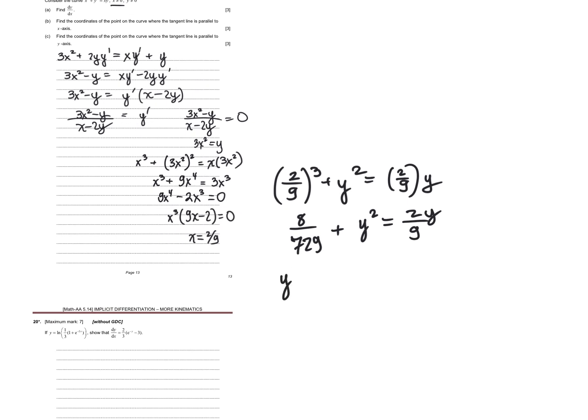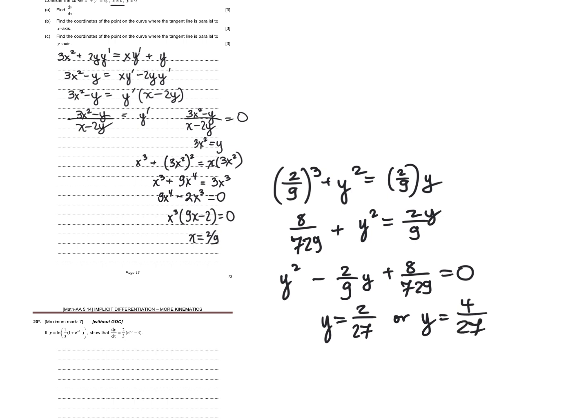So we have quadratic y squared minus 2/9 y plus 8 over 729 equals 0. And when you put this in on the polynomial solver, you're going to get that y is either 2 over 27 or y is 4 over 27.